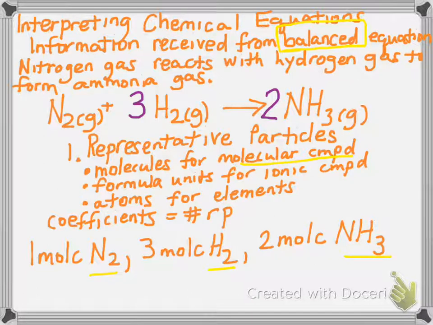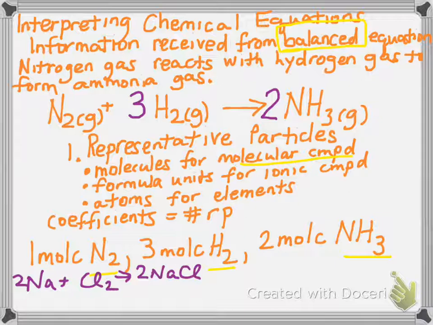If I had been talking about an ionic compound, so if we had been talking about sodium reacting with chlorine to produce sodium chloride, so I'll write that one real quick here: sodium reacting with chlorine to produce sodium chloride.